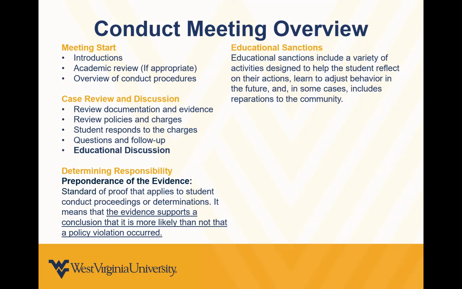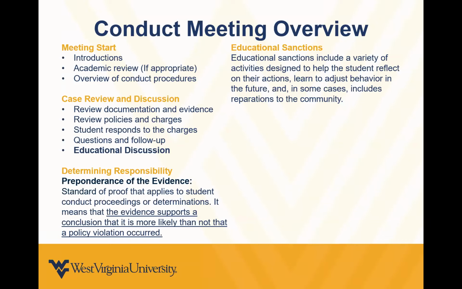If the conduct officer determines that the student is responsible, they will then assign appropriate educational sanctions. Educational sanctions include projects, meetings, or activities that are designed to help the student reflect upon their actions, learn to adjust their behavior, and in some cases includes reparations to the community.